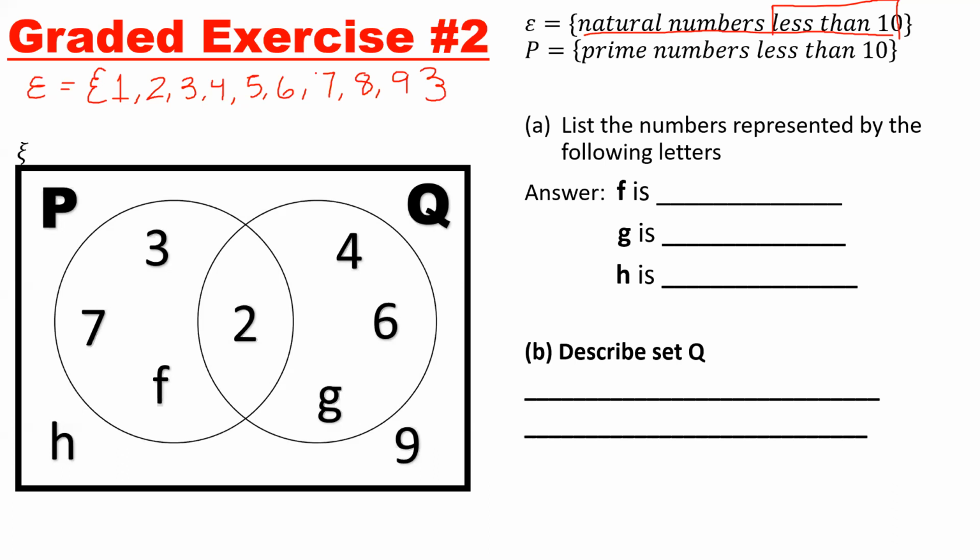Dwayne, why you have 1? How is 1 a prime number? Is 1 a prime number? Yes, sir. Really? Where did you learn that 1 is prime? In math class. Okay.